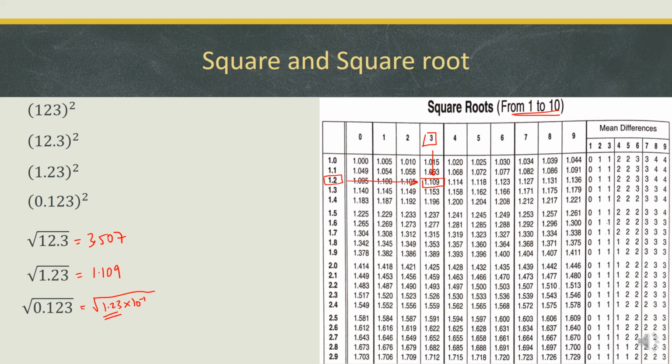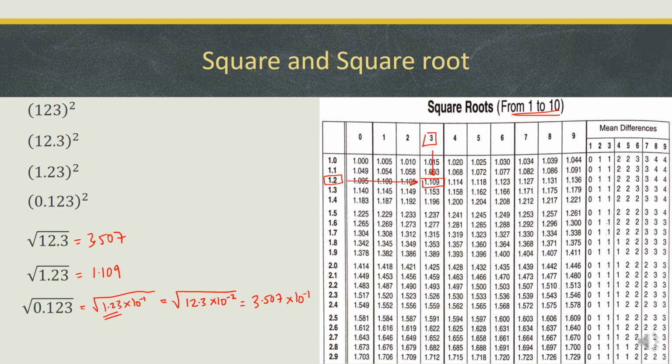So what we should do always is, we should shift this in the power of 2. Okay, so instead of writing it like this, we will be writing it as 12.3 into 10 raised to minus 2. Okay, now we also have the value of the root of 12.3, which is 3.507, and the root of 10 raised to minus 2 is 10 raised to minus 1. So this becomes fairly simple for us.